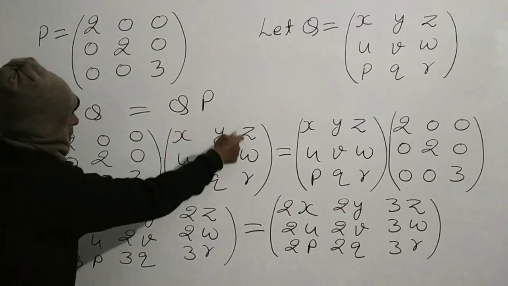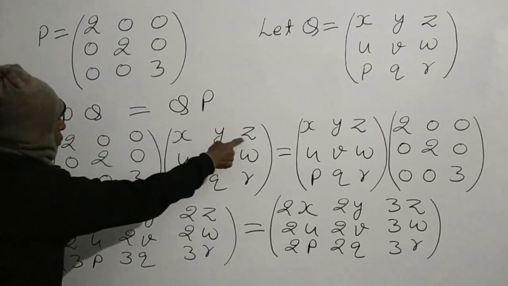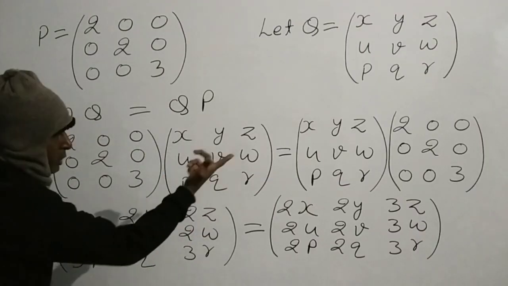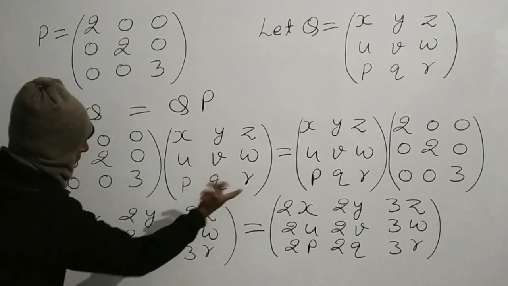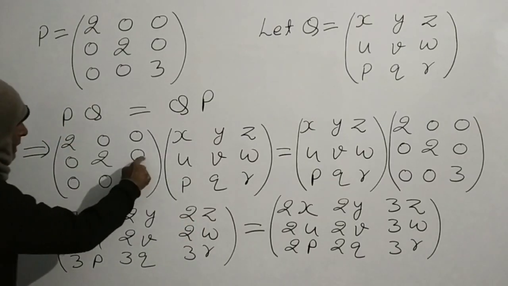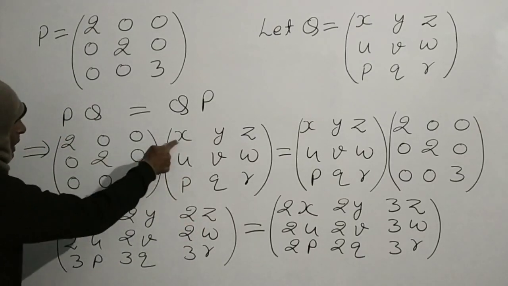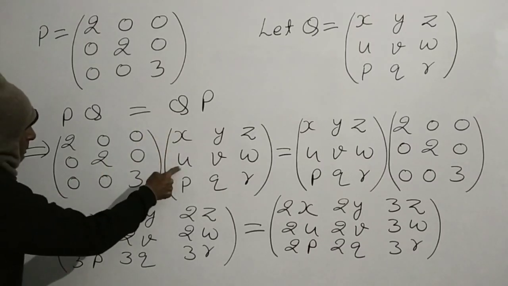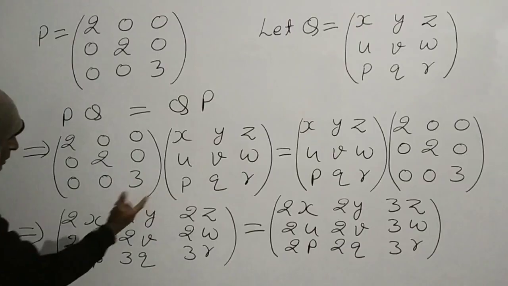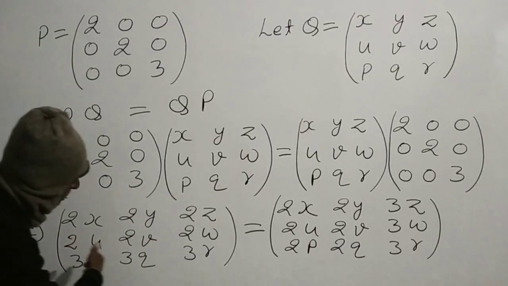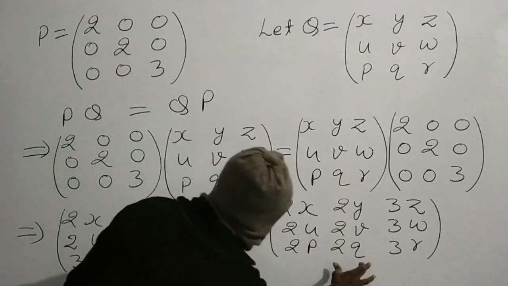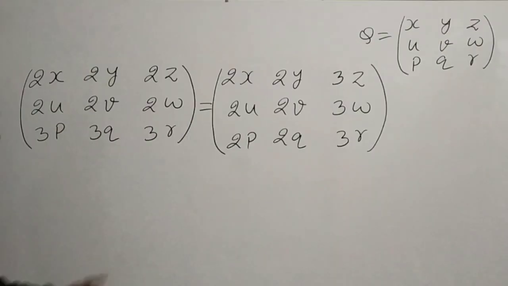This row with this column: 2z plus 0 times w plus 0 times r means 2z. Now we multiply this row with this column: 0 times x plus 2 times u, 2u, plus 0 times p. In this way we keep on multiplying and we get this matrix equal to this matrix.